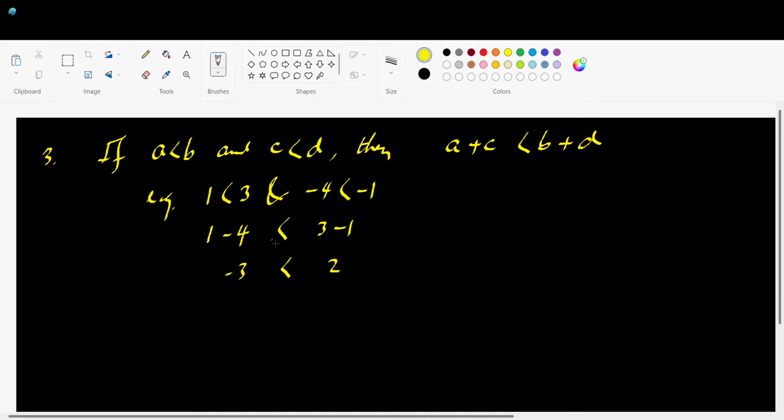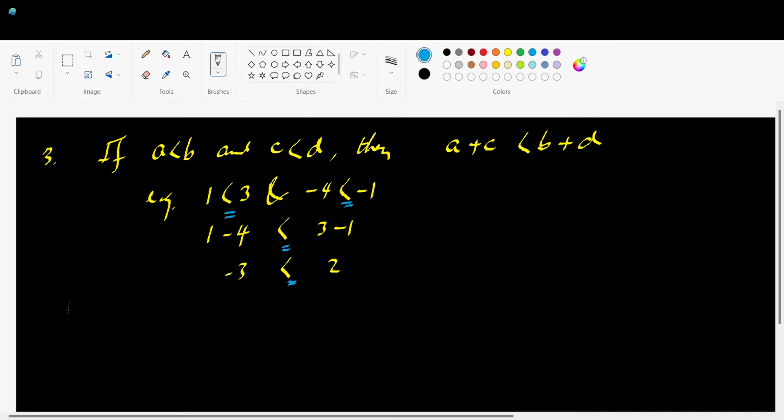Alright? So if we have two inequalities with the same sense, both less than, then adding corresponding sides will retain the sense of the inequality.